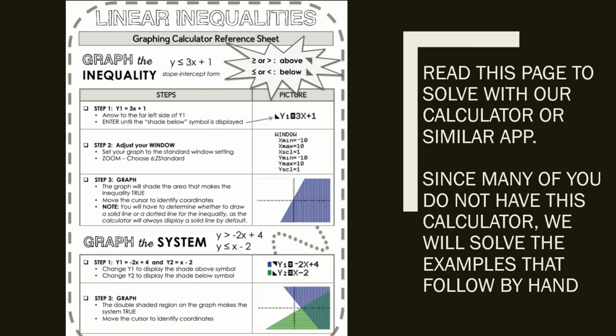If you have a TI-84 or an app that's similar, or an emulator or some kind of program, follow these steps exactly, and you will get the calculator to find the shaded region for you, and that'll be really handy. However, most of us do not have a TI-84 at home, so we're going to solve the examples by hand, which isn't too bad. We're only doing a couple of them, and it would be pretty quick.